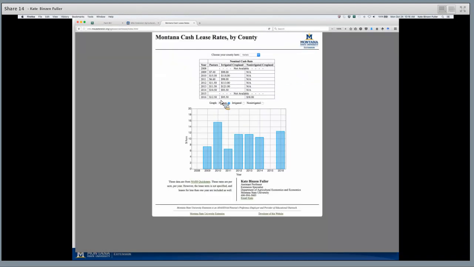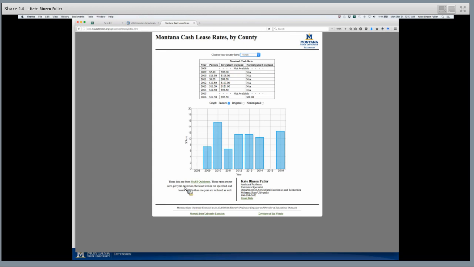So first I'm going to show you our cash lease rate page by county. You click on that and you can choose what county you want to look at. Looks like Gallatin, which is where I'm at, is already selected, but you can choose any of the other counties for which we have information. I've chosen Gallatin here. And then we can look at pasture, irrigated cropland, and non-irrigated cropland, looking back to 2009.